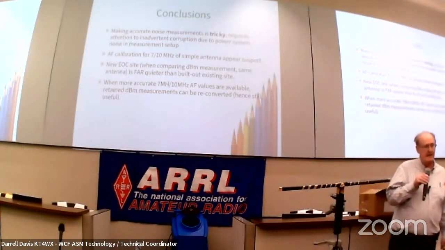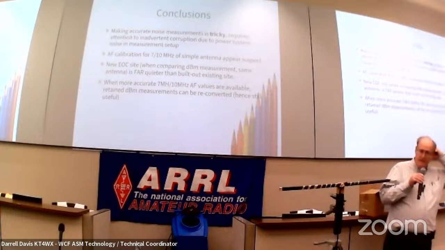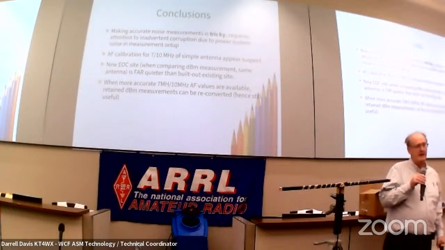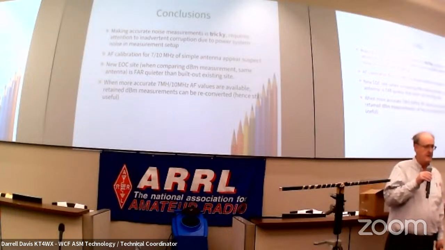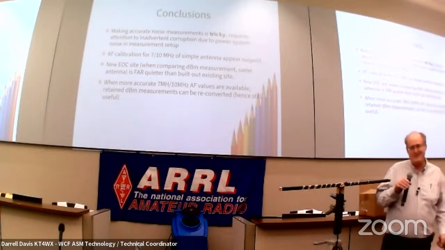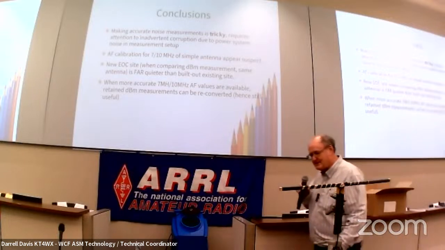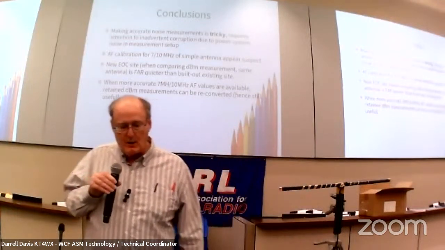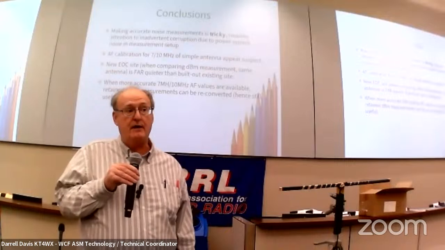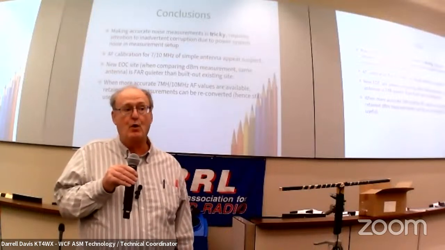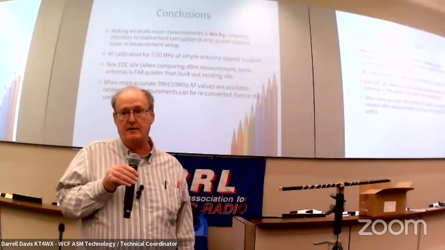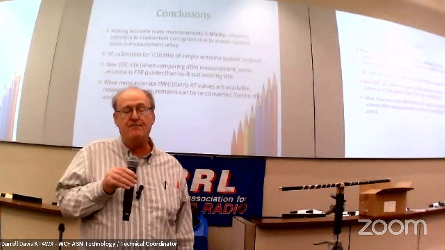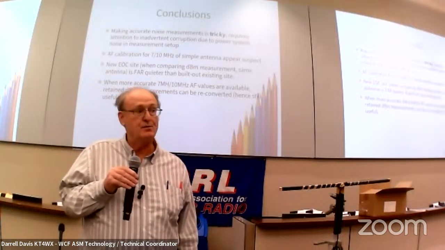And I can take the data from our measurements that were done years ago at our EOC, and I can convert those all properly to dB microvolts per meter. I just need to redo it. My first set of efforts was not quite 100%. So if you need to make a measurement either at your house or at a professional facility like at EOC, if you've got a full-size antenna, it's real easy to do.